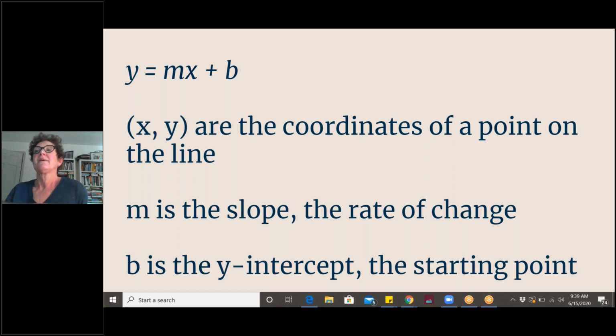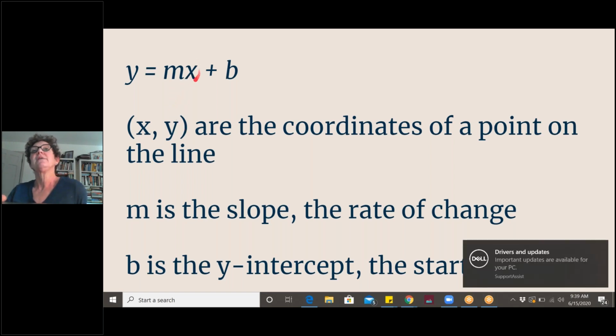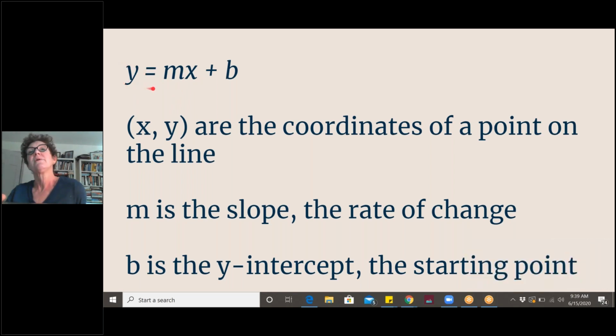That's why they're variables in this form of the equation, because they could be any point along the line. There are times when we want to find a specific point, and then we can do that, and that will be what we talk about probably on Wednesday.